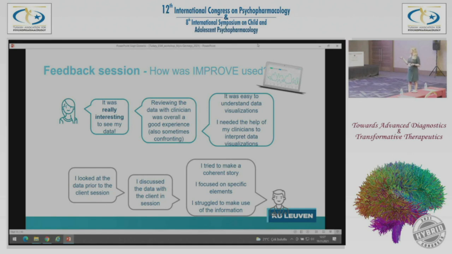Other people said I needed the help of my clinicians to interpret the data. Then, from the clinician perspective, they said I looked at the data prior to the client session. I discussed the data with the client in the session. I tried to make a coherent story. Some said I focused on specific elements. And others said I struggled to make use of the information.